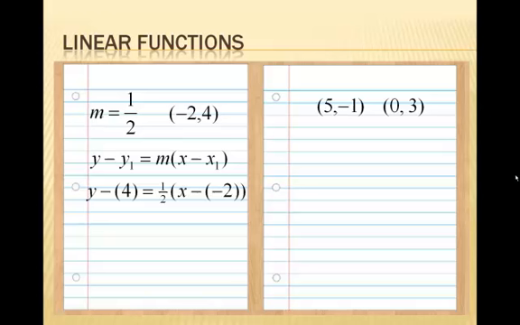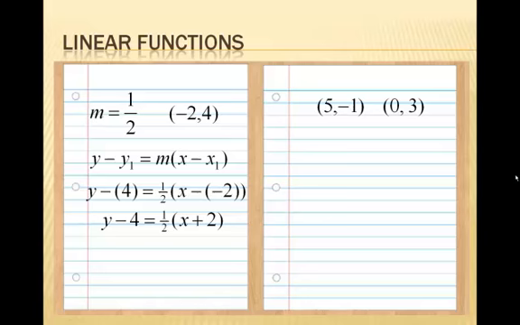Usually we take this a little further and write it in one of those other forms. I'm going to write it into slope-intercept form, so I'm going to get y on one side and have my slope clearly in front of x. First, I'll take care of that -2 inside the parentheses, which becomes a +2.